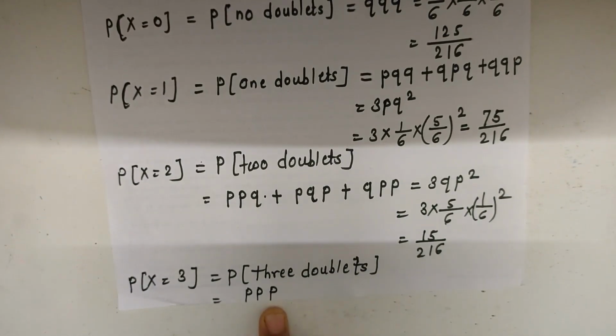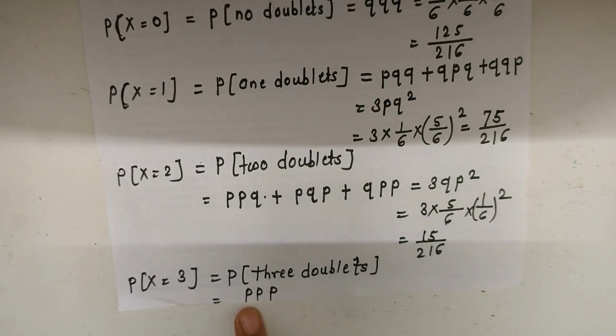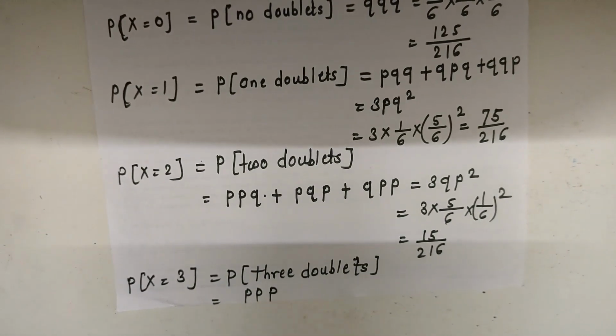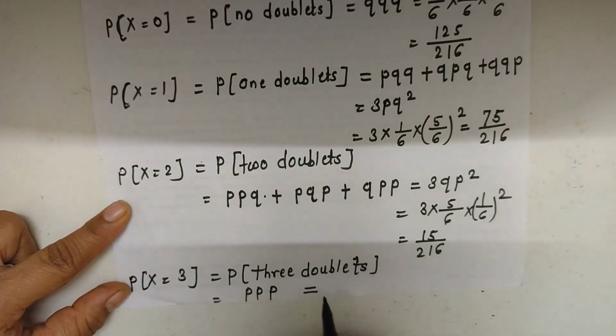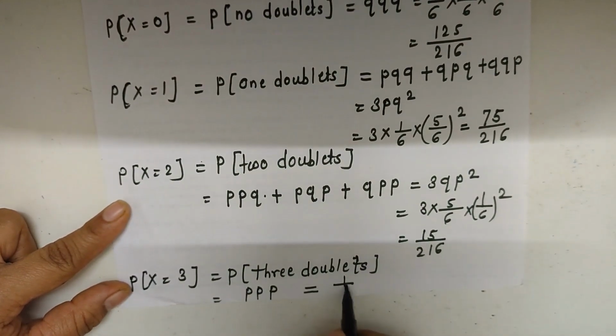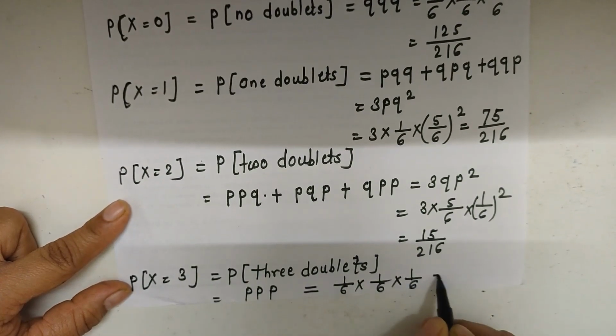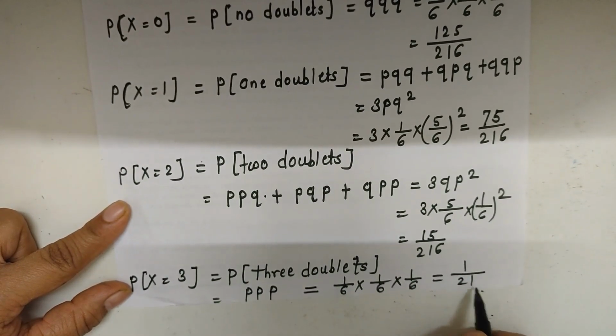It can be written as probability P for the first success, into probability for second time success, into probability for third time success P. So the product of all these 3 P is 1 by 6 into 1 by 6 into 1 by 6, and the value of this is 1 upon 216.